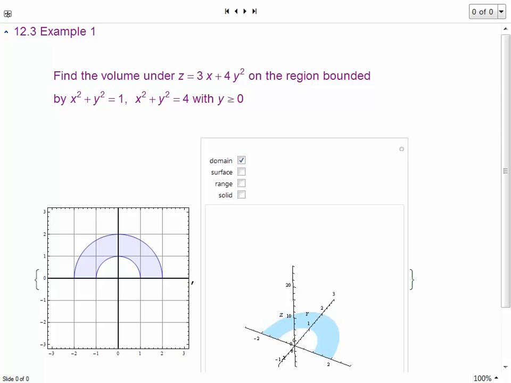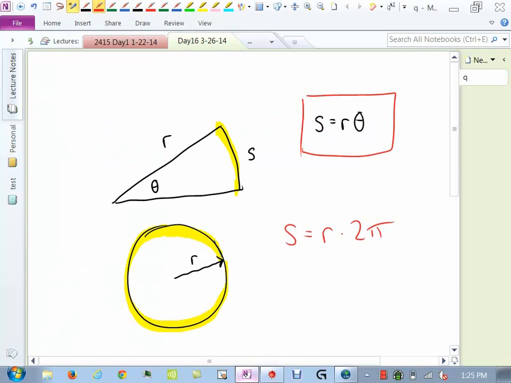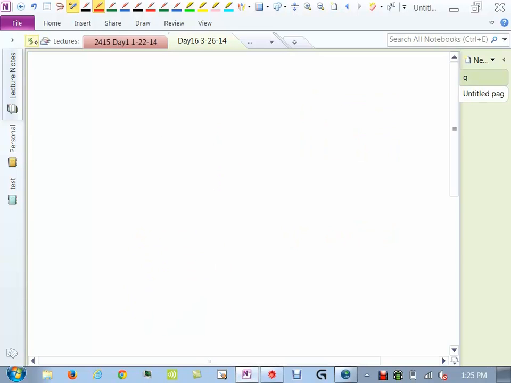Find the volume under z equals 3x plus 4y squared on the region bounded by x squared plus y squared equals 1, x squared plus y squared equals 4, and y is greater than or equal to 0.